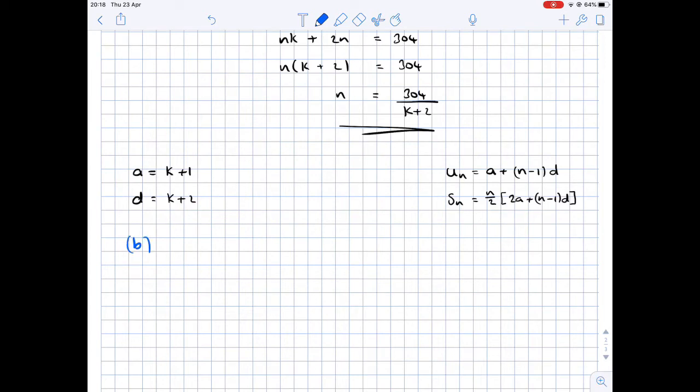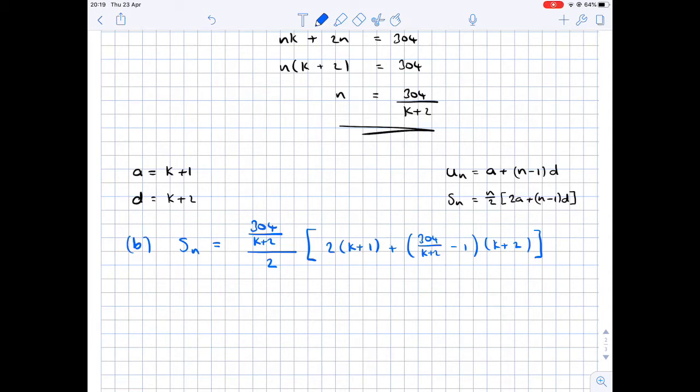For part B, the sum of the first n terms is equal to n over 2, but we know this time that n is actually 304 over k plus 2, and that is n over 2, 2 times the first term, plus n minus 1, so 304 over k plus 2 minus 1, times the common difference, which is k plus 2.